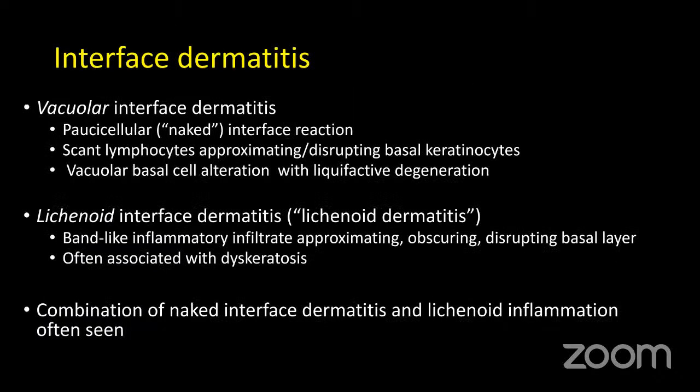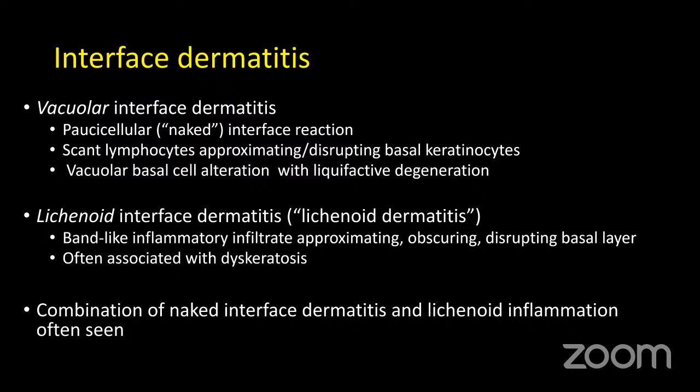The vacuolar interface dermatitis is paucicellular. Sometimes I refer to it as a naked interface reaction. Scant lymphocytes are seen. They approximate and disrupt the basal keratinocytes, resulting in vacuolar change and liquefactive degeneration of the basal keratinocytes.